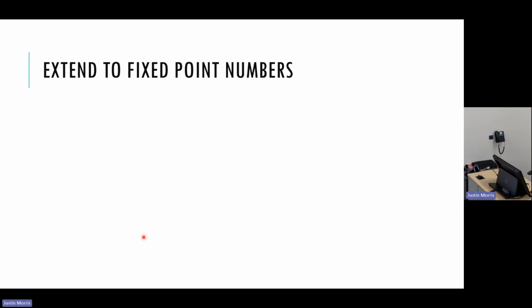All right, so we can extend this to go beyond just integers. We can do now fixed point numbers. So if we want to represent fractions, I'm going to go through this more quickly because it's just an extension of what you just learned. And I'm not going to be asking you to do this. If you're ever asked to do this in the future, you have these slides to refer back to.